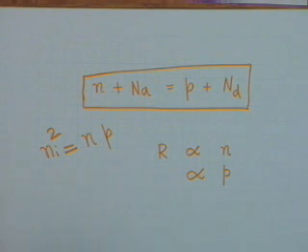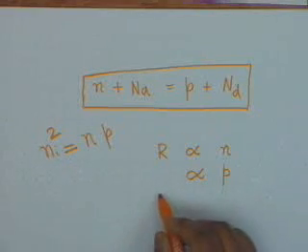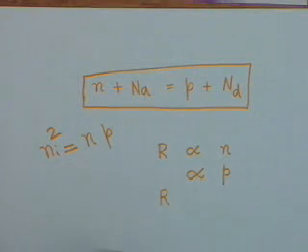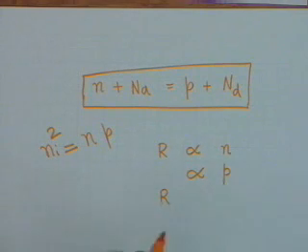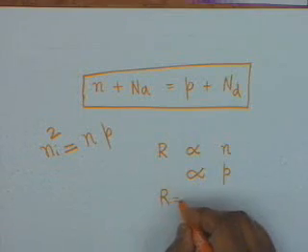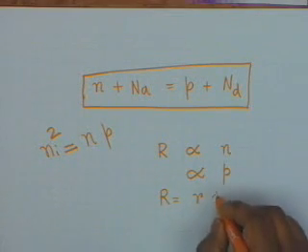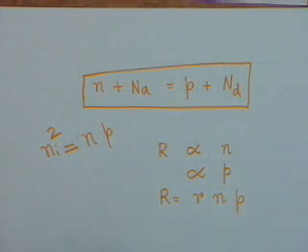It stands to reason that if the number of electrons increases, the recombination rate shall increase. If the number of holes increases, the recombination shall increase, and therefore in general the recombination rate, that is the number of electron hole pairs which combine with each other and disappear as neutral charges, shall be given by some constant r multiplied by n times p.